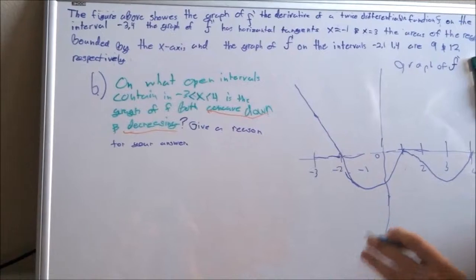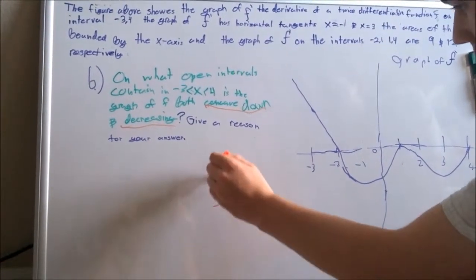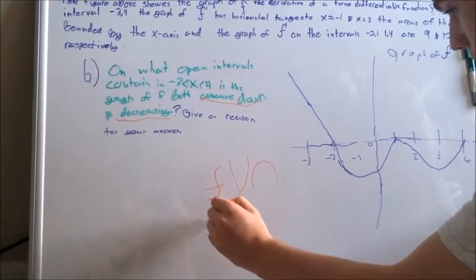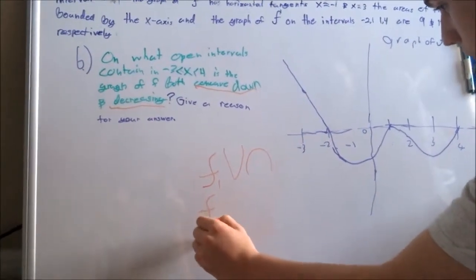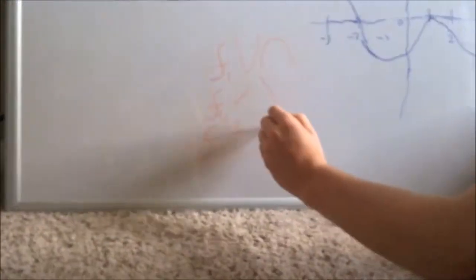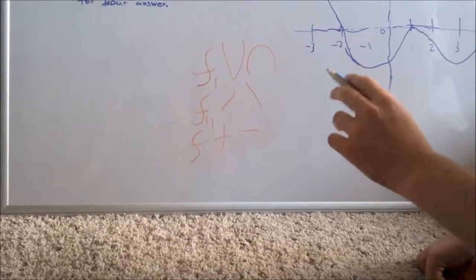Now, to actually solve the problem, we're going to use the fun chart, which I hope you've learned by now: f, f prime, f double prime, increasing, decreasing, positive, and negative. Now these we can use to prove it's concave down.